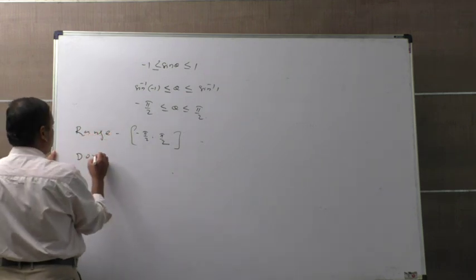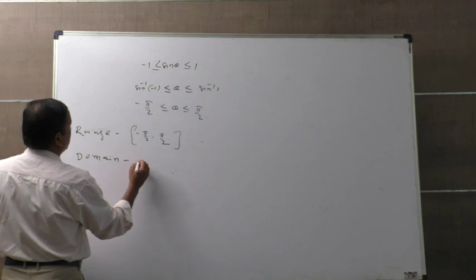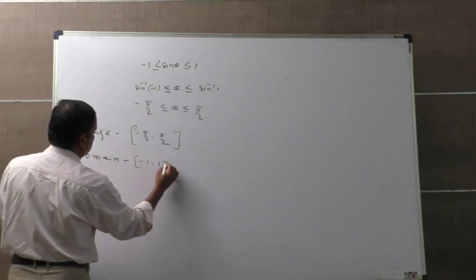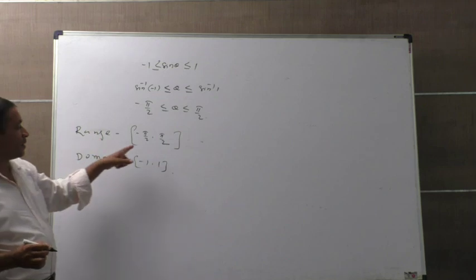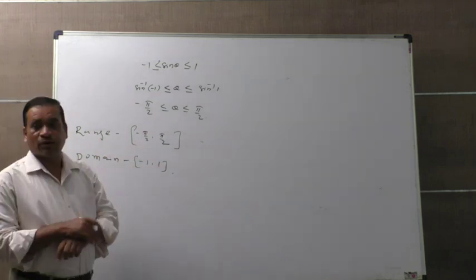What is the domain? Domain is -1 to 1. Range is -pi/2 to pi/2.